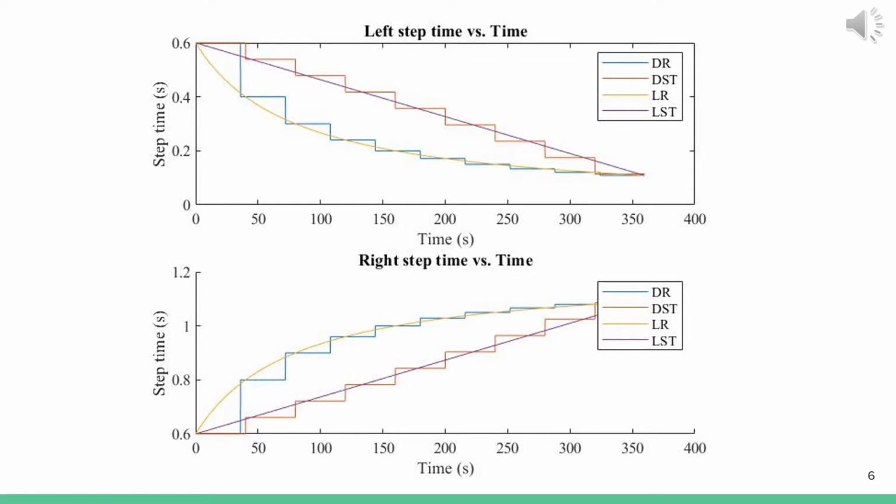And we see that since we're measuring step time, the models that measure step time are more straightforward, whereas the ones modeling ratio are more curved. And we also see that the left step time is decreasing, whereas the right step time is increasing, and that is a big part in our study.